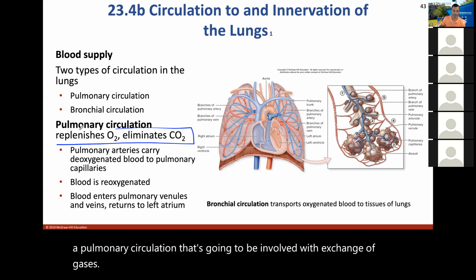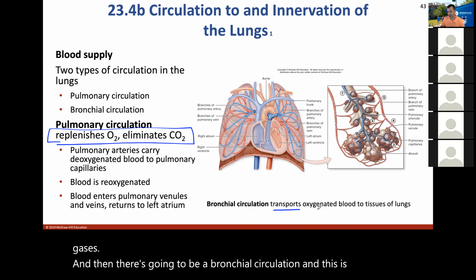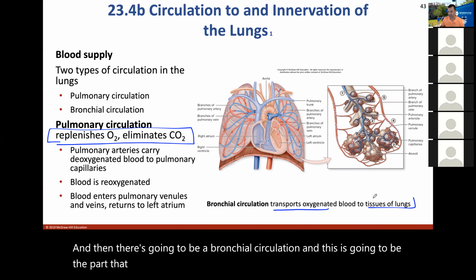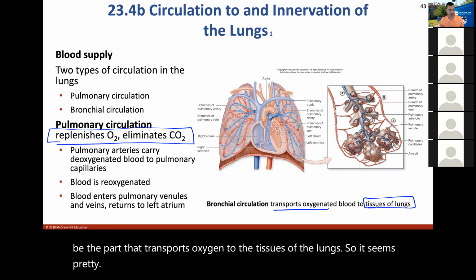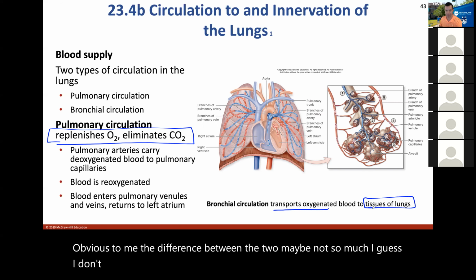And then there's going to be a bronchial circulation, and this is going to be the part that transports oxygen to the tissues of the lungs. So it seems pretty obvious to me, the difference between the two. Maybe not so much, I guess.